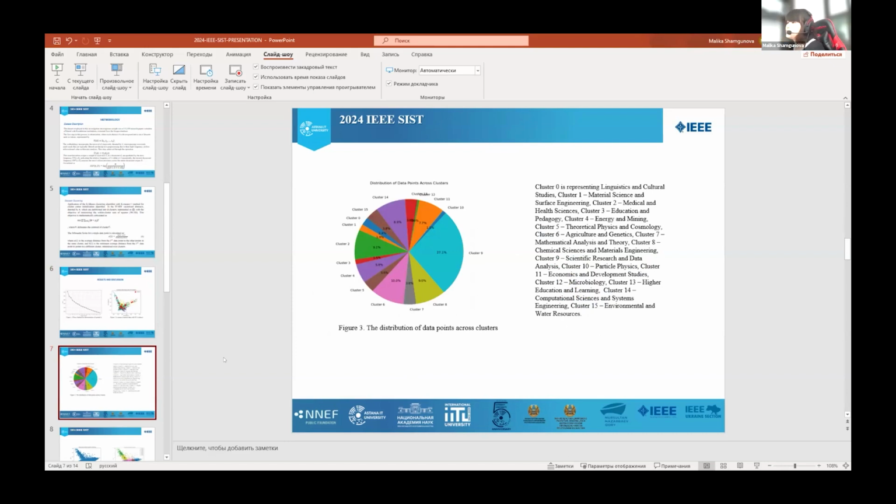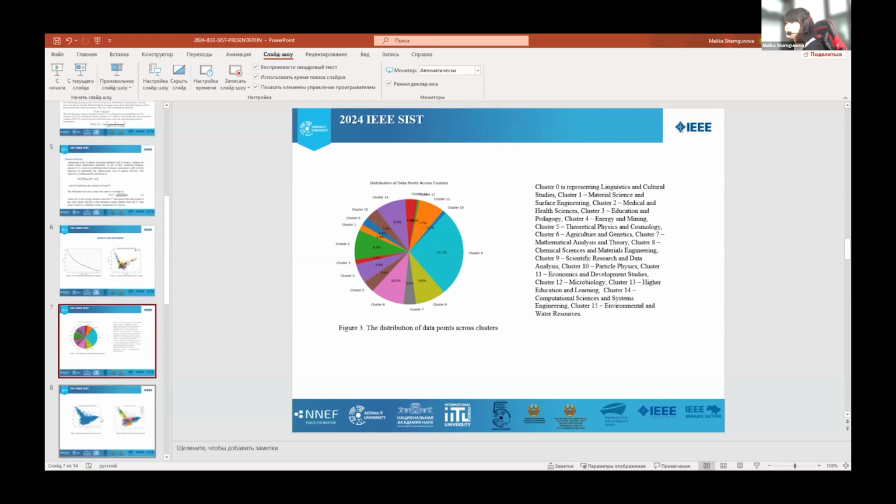We can see that out of approximately 13,000 research abstracts, we have the distribution of the data points across the clusters, and we can see that cluster 0 represents linguistics and cultural studies, and other clusters, for example, cluster 11, represent economics and development studies papers.